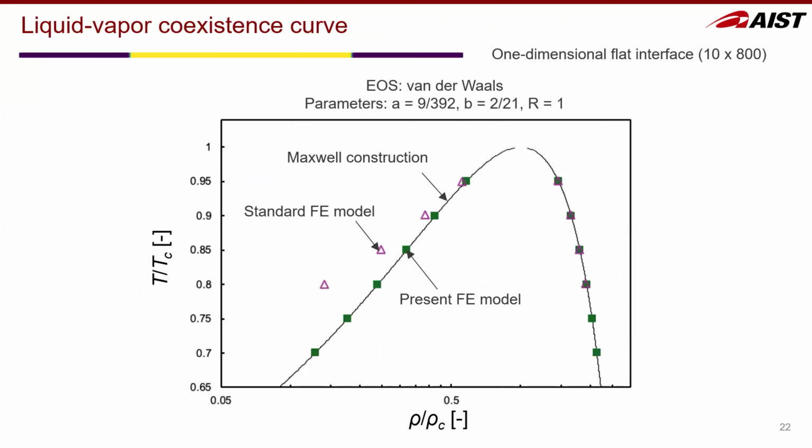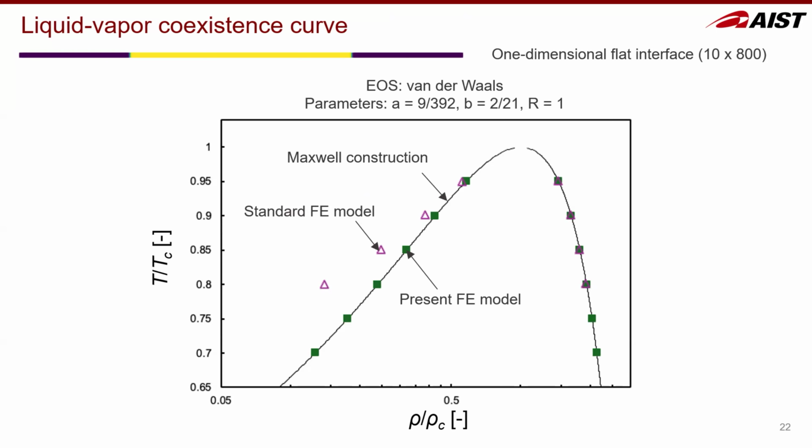And finally, I show the thermodynamic consistency of the present free energy model. According to the theory, the free energy model can reproduce thermodynamically consistent results without any tuning parameters. Here I show the green plot reproduced by the present free energy model, and the original free energy model is shown by the symbols here.